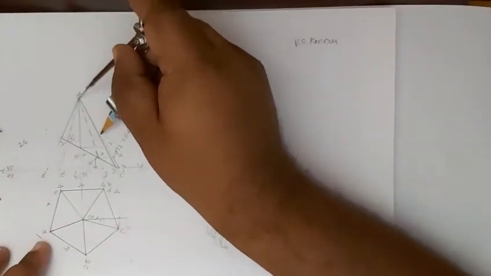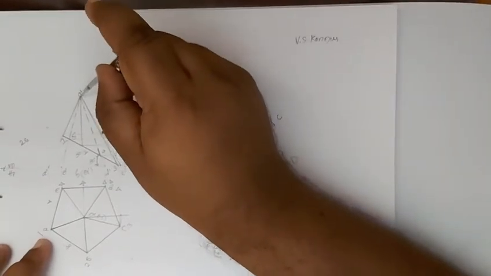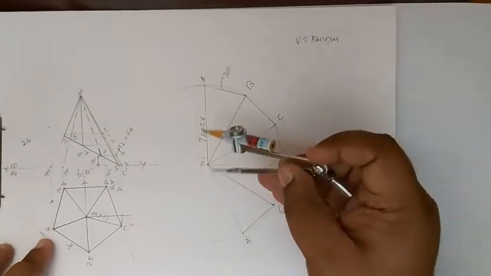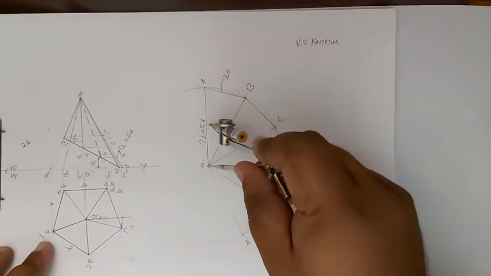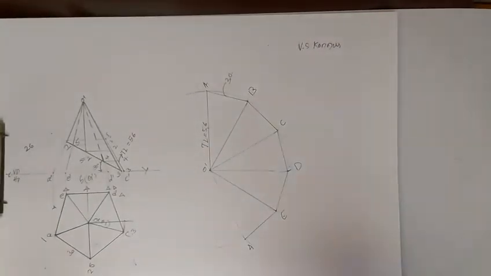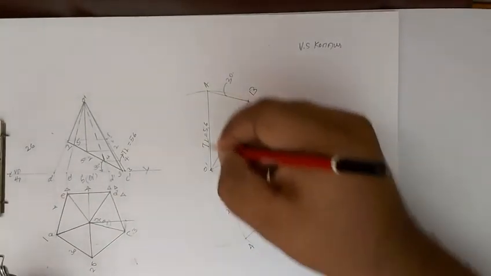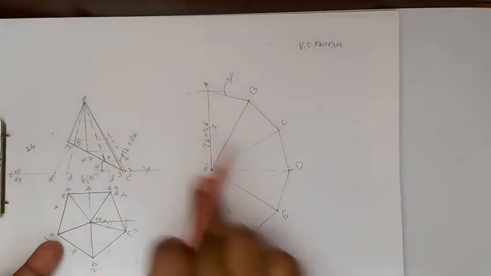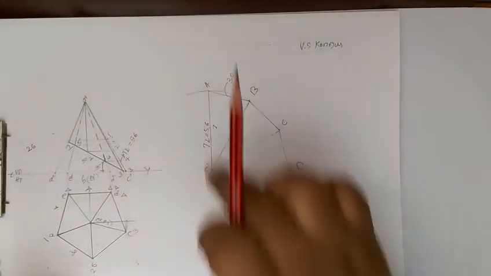Now the first point I am taking on the true length. The first point is on OA. On OA you will get the first point on either end, because from OA I am opening the development, so OA will be at either end.